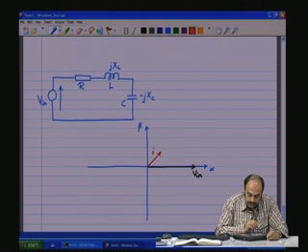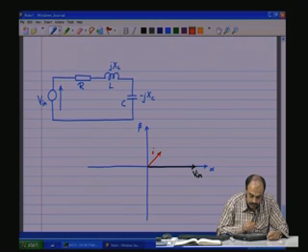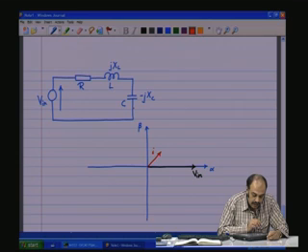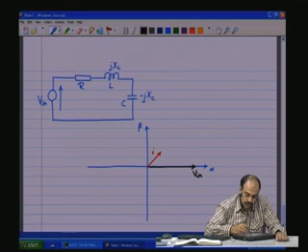So, now to apply Kirchhoff's voltage law, how do the currents look like? How will the voltages across look like using this current? So, we have the current, which means the voltage across R is going to be in phase along this line.